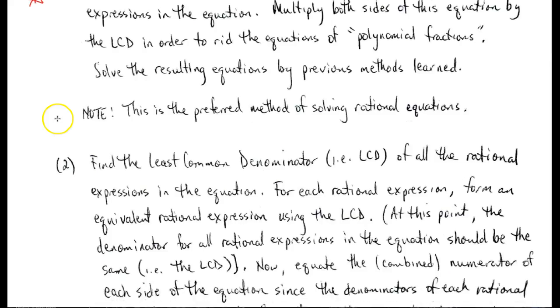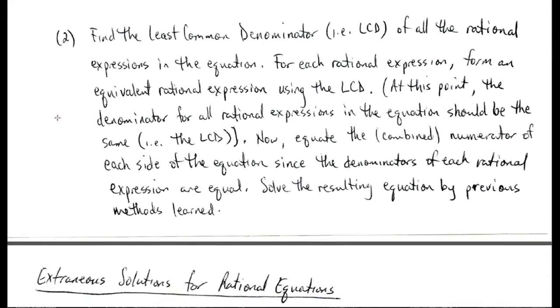There is another method where we still find the least common denominator. Okay. But at this point, instead of multiplying both sides of the equation by the LCD, what we do in this case is we find equivalent rational expressions. After we do that, we know that the denominators are going to be the same for all of the expressions.